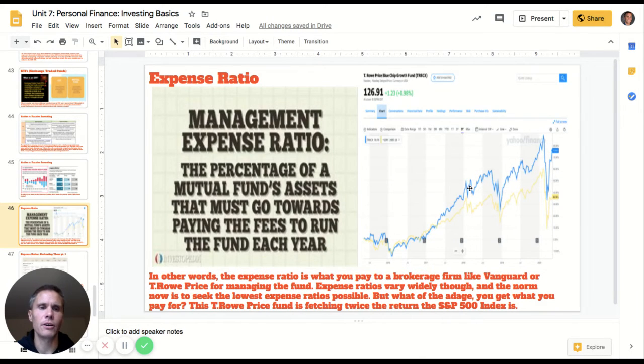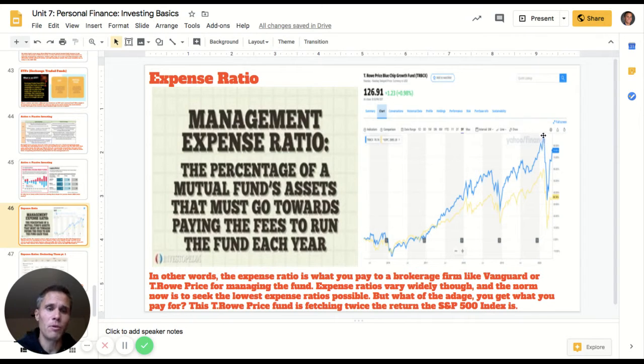This blue line here constitutes T. Rowe Price's Blue Chip Growth Fund. It's a great fund, and as far as mutual funds are concerned, it's not highly priced. They're not using what are called loads or commissions. All that you're paying for is the price of the mutual fund itself. And most brokerages even allow you not to have to pay a commission when you're buying the mutual funds, even though it's a different company than yours.